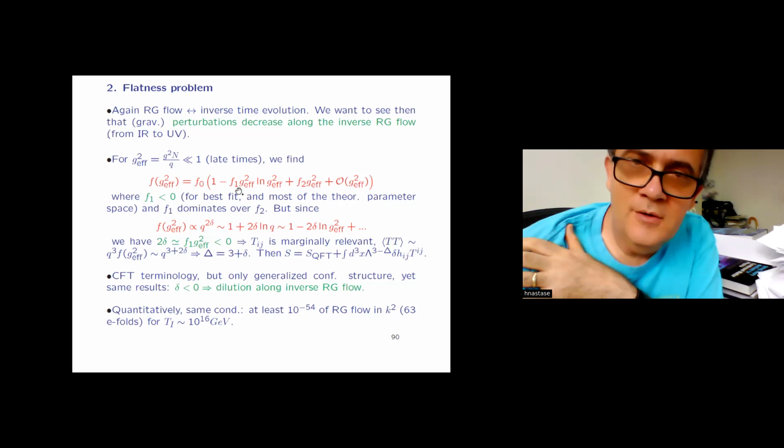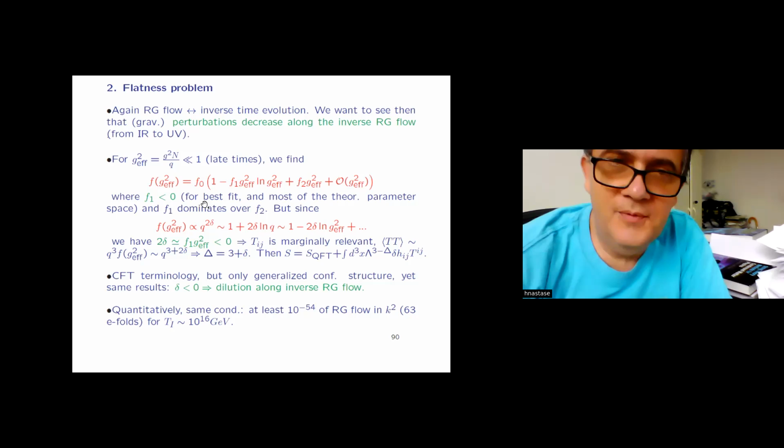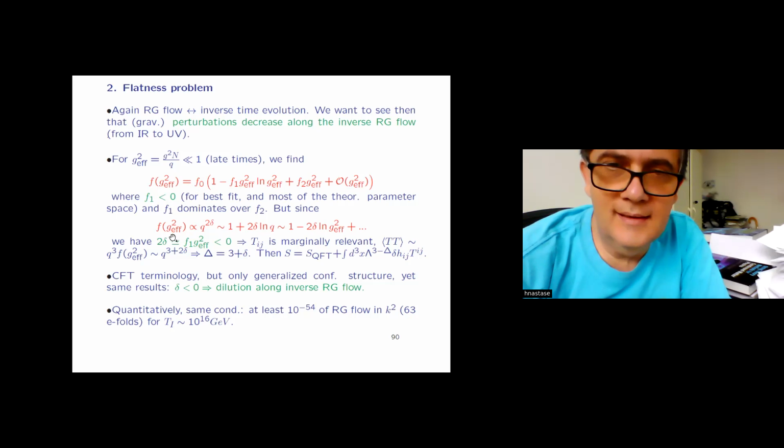This leading coefficient f1, for the best fit to the CMBR and also for most of the theoretical parameter space, is negative. And this dominates over everything else. So this f1 is negative and I take it to be the leading behavior of f.